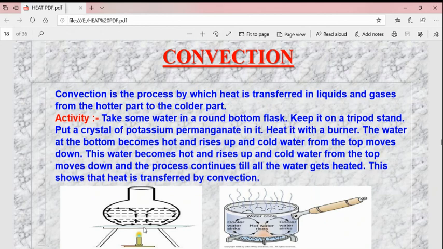After some time the crystals of potassium permanganate completely dissolve in this water. By this process you can easily understand that the convection process takes place in the presence of water and air medium. That means there is a movement of molecules.